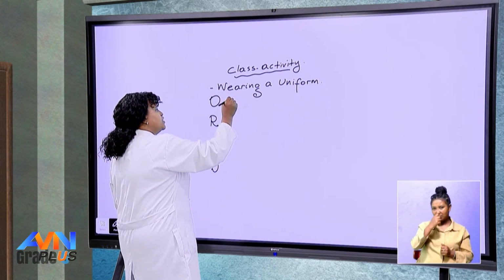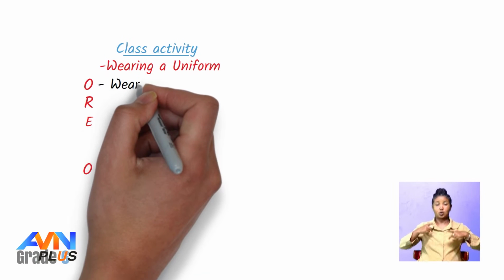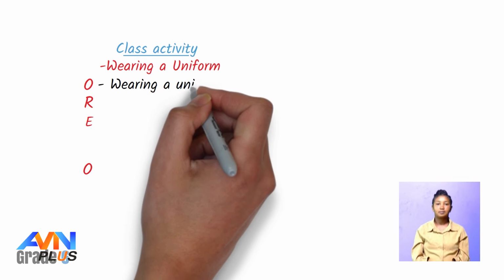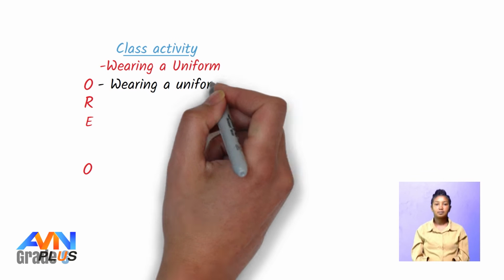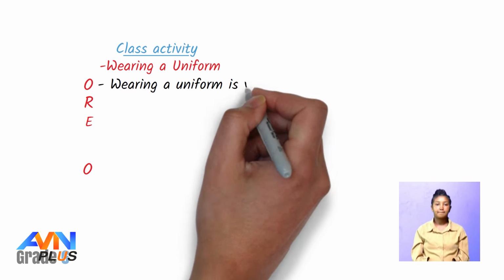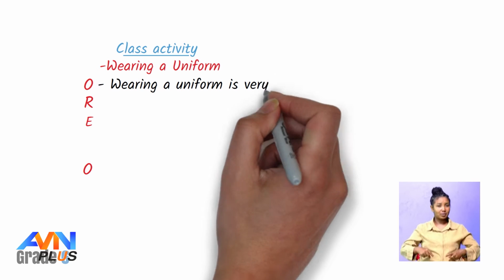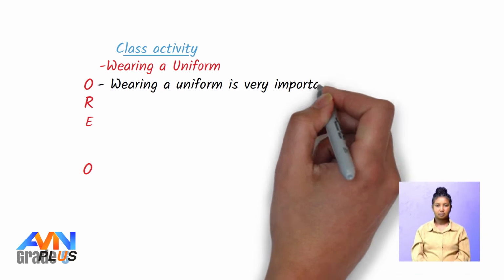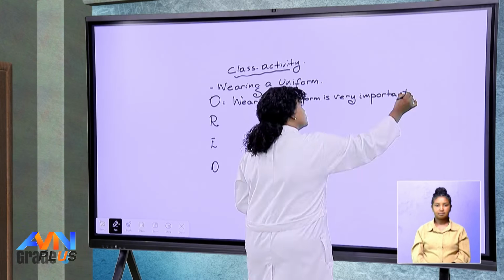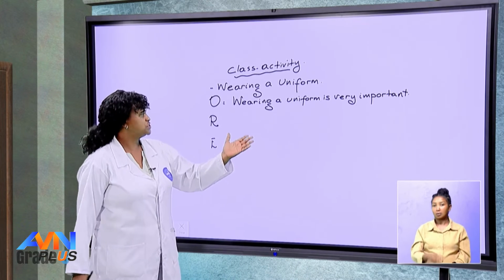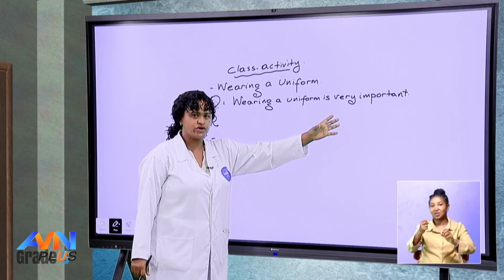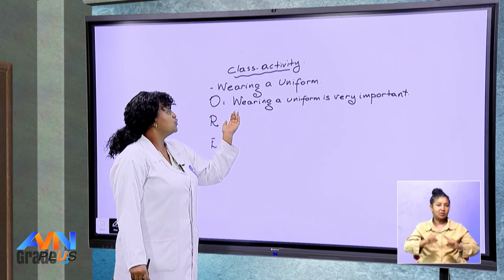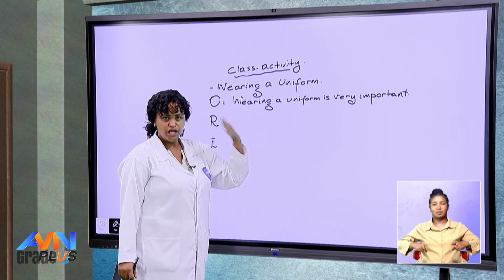You can say, wearing a uniform is very important. You can use a different way of writing, okay? Don't worry about that. You don't have to be exactly the same with me, okay? Wearing a uniform is very important.